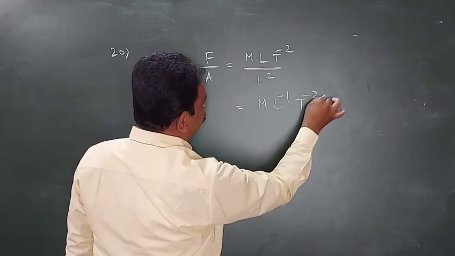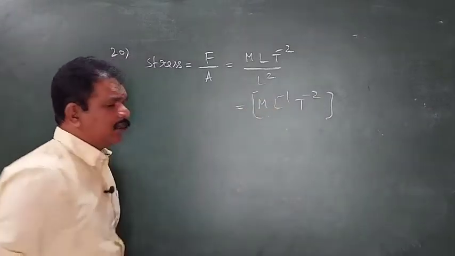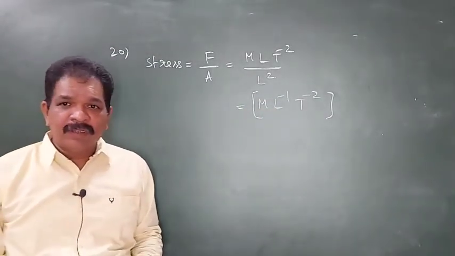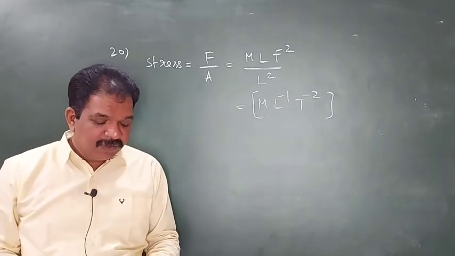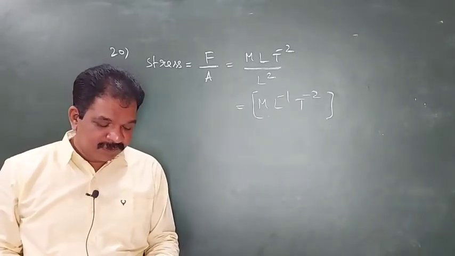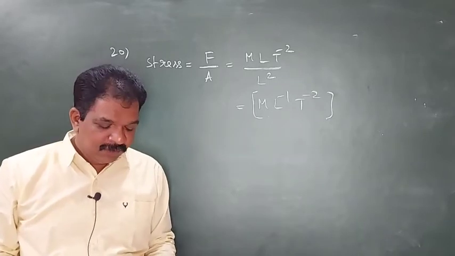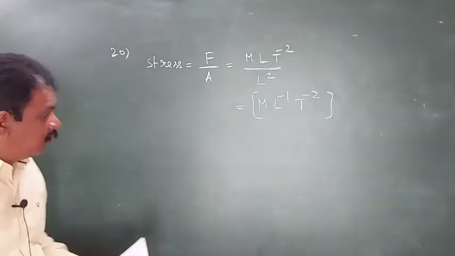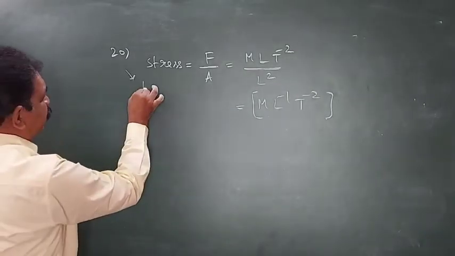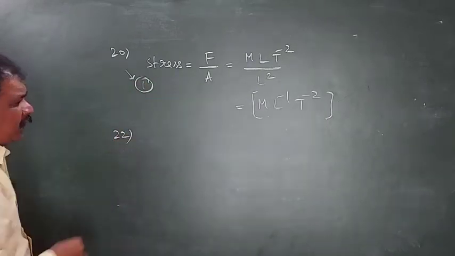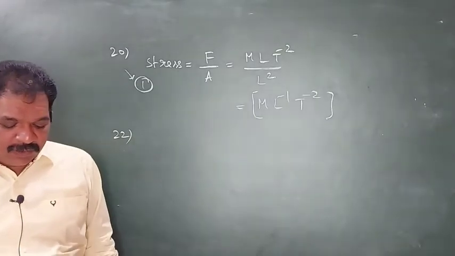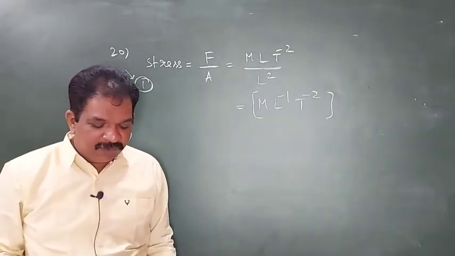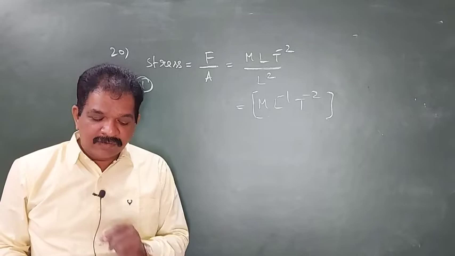So M L power minus 1 T power minus 2. That is the stress dimensional formula. 21 is a practical related question. Leave that one for the time being. 22. So 20, what is the option? First option.